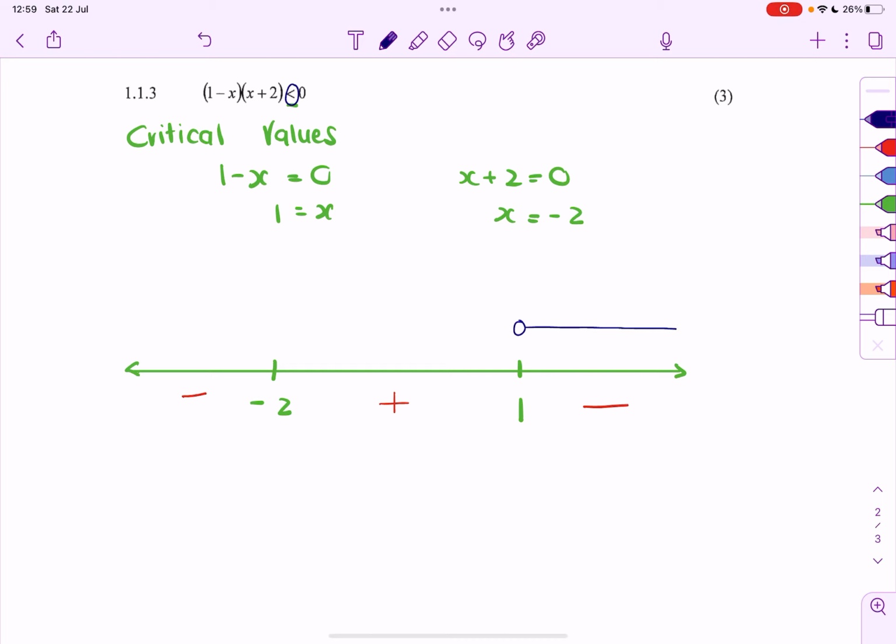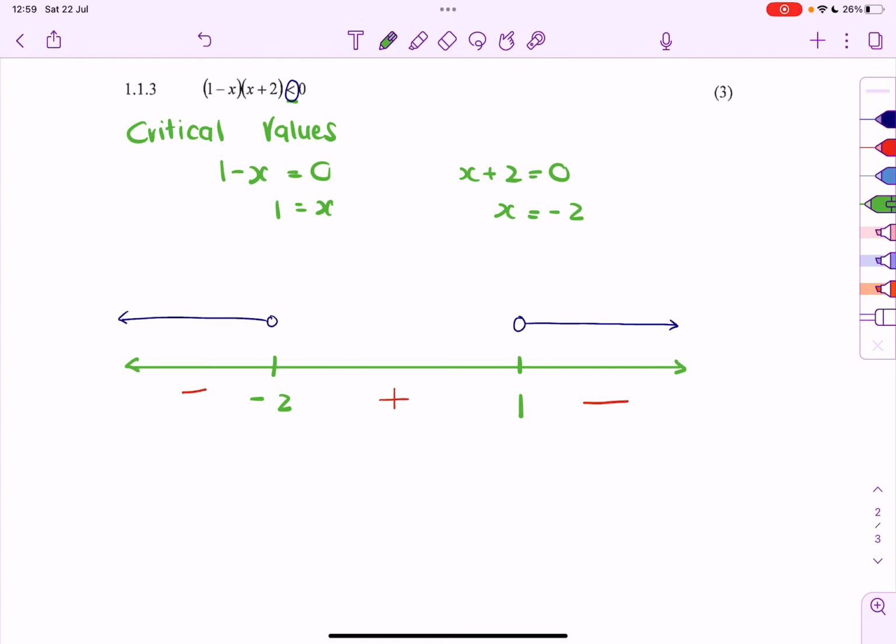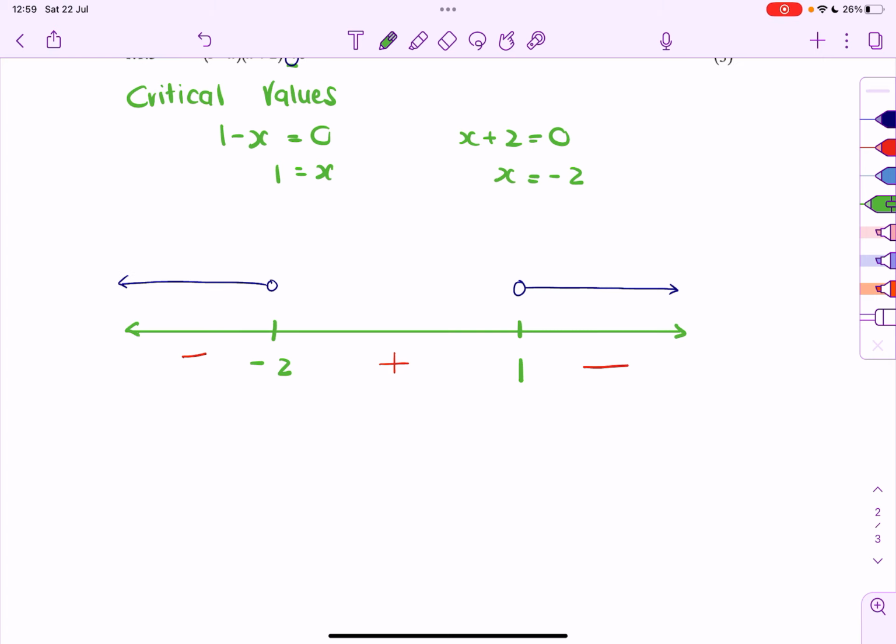Numbers greater than 1 and numbers less than minus 2. Remember, it's less than, not equals to. So our final answer would be x is greater than 1 or x is less than minus 2.